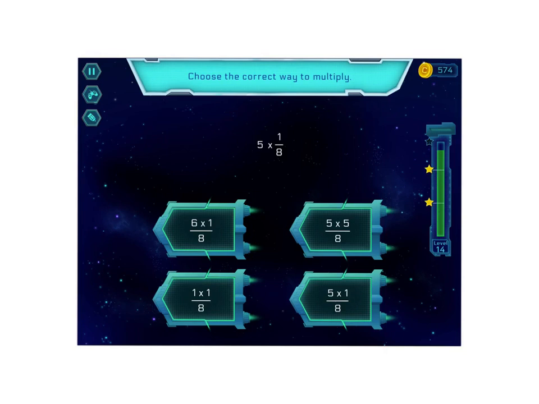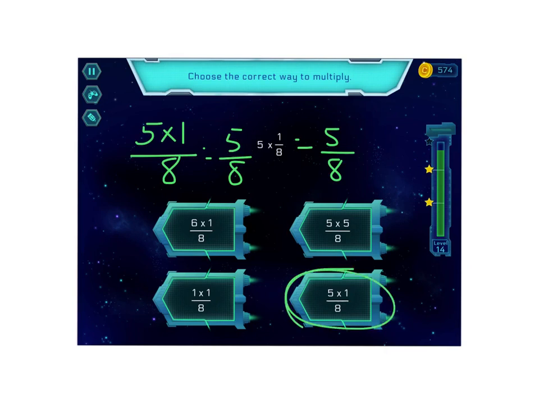They simply take the whole number times the numerator, which is 5, and they keep the denominator the same. So when they solve this, they're doing 5 times 1 over 8 gives them their answer, which is 5/8, and that's what they're looking for here.